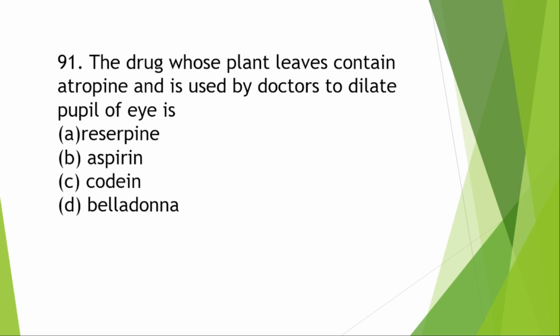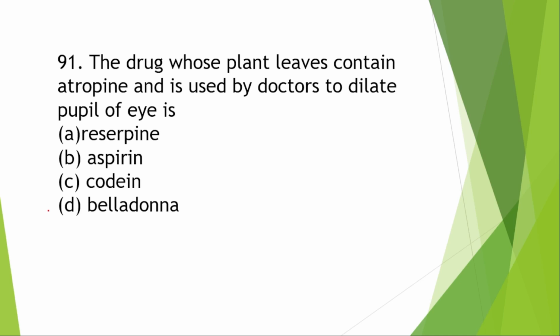The drug whose plant leaves contain atropine and is used by doctors to dilate the pupil of the eyes is: A. Reserpine, B. Aspirin, C. Codeine, and D. Belladonna.